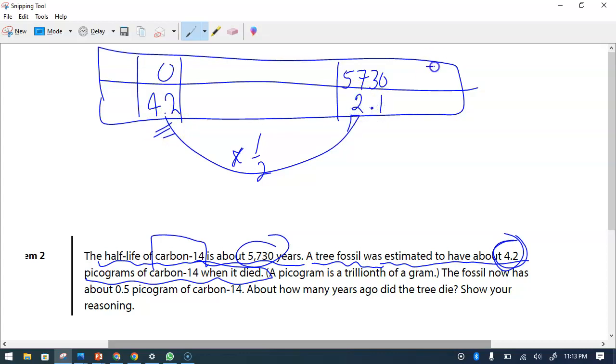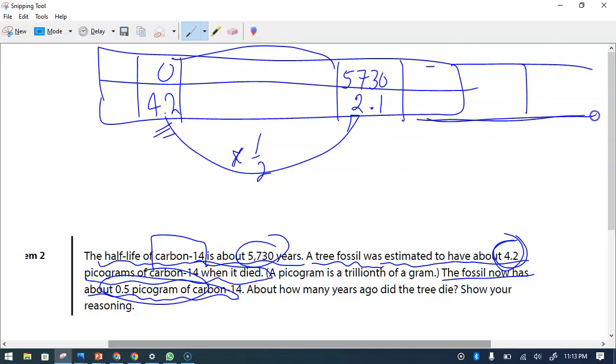Right? Now this is 5,730, and the question is the fossil now has about this much. So if this much is there, it is around 0.5. Now we can just work out another group of 5,730 years. This 2.1 will again be multiplied by half.